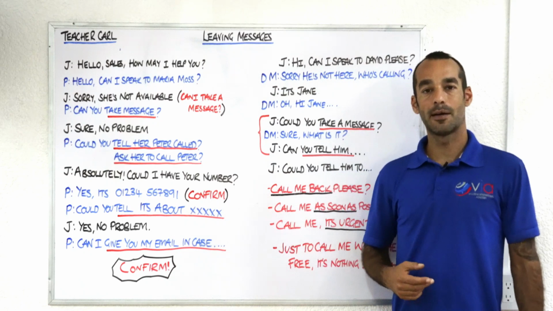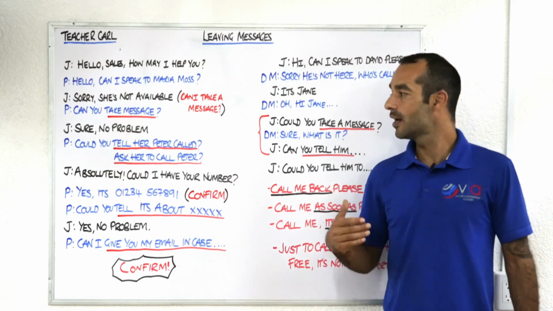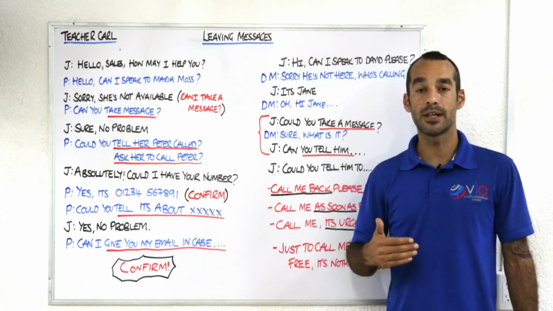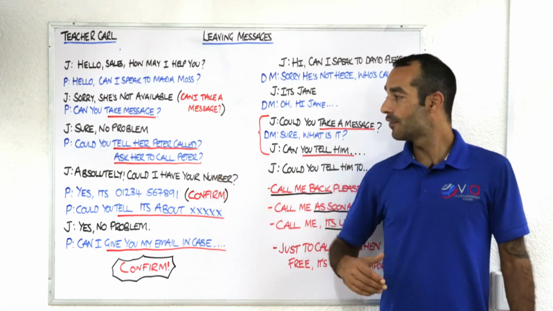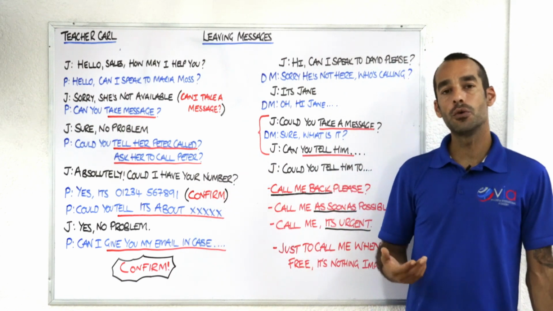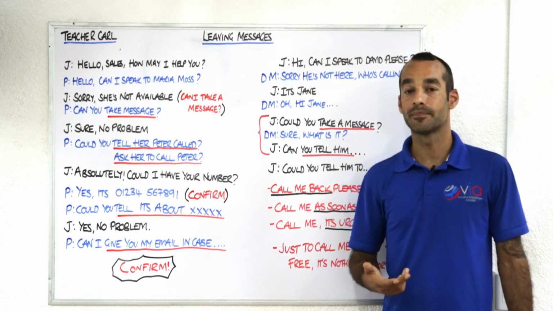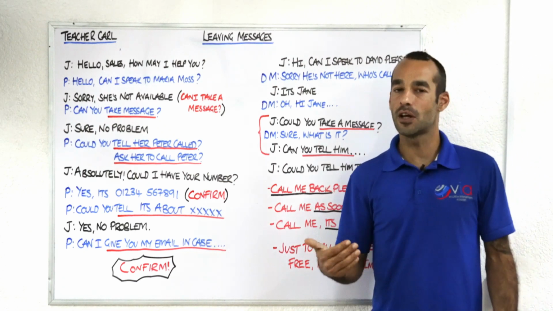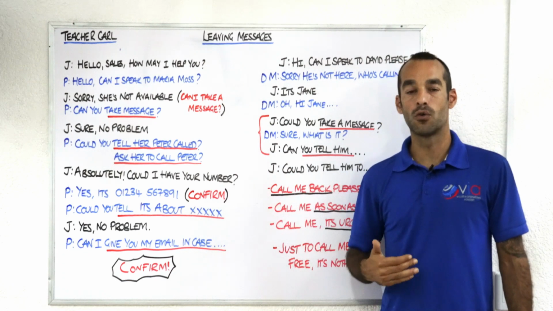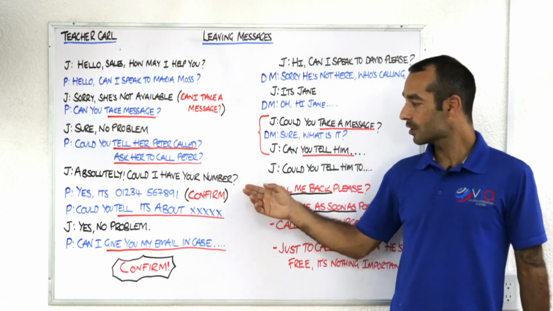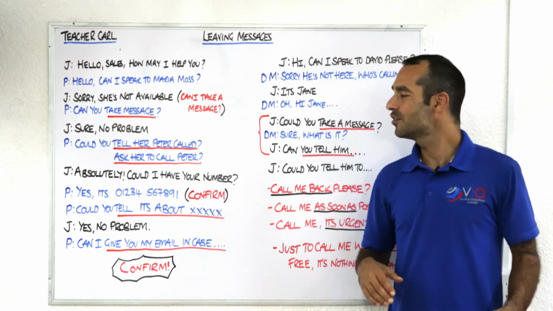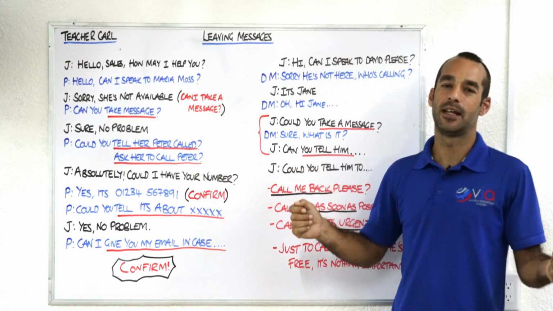If you use this type of message, it would insinuate that she knows who Peter is and that she needs to call him back. However, if you chose to say this, could you ask her to call Peter? That would indicate that she doesn't know that she needs to call Peter, so it needs to be explained in the message. Hopefully Jane is very nice and she can say absolutely.